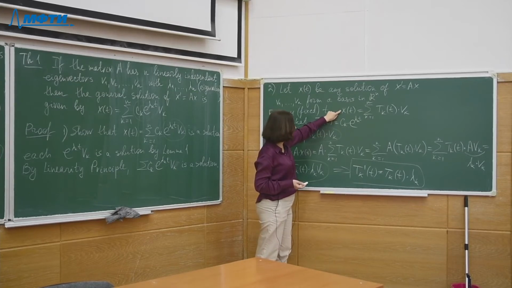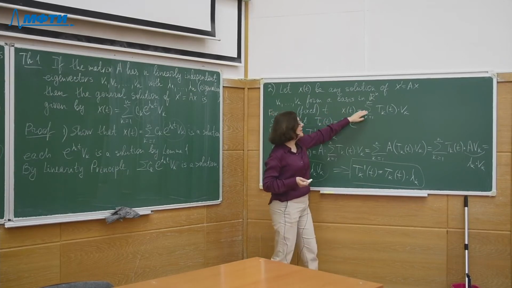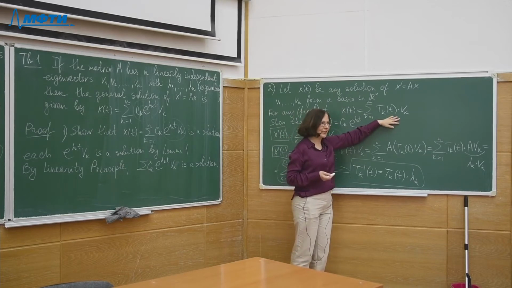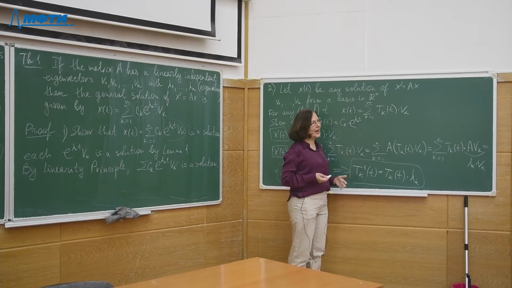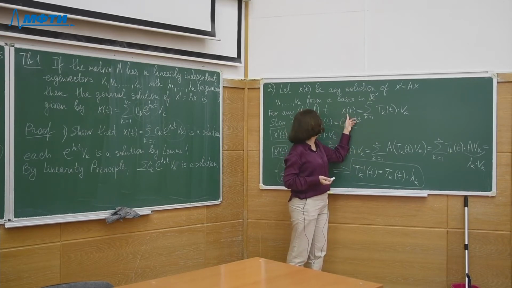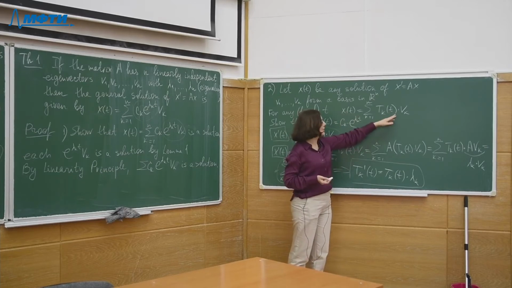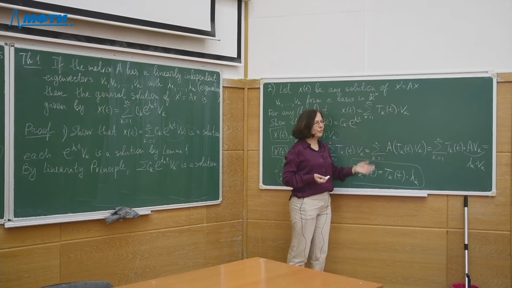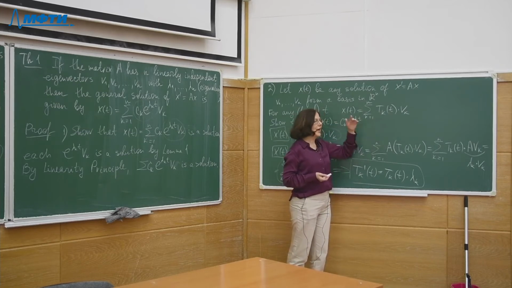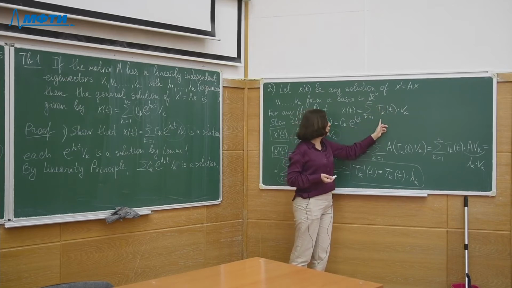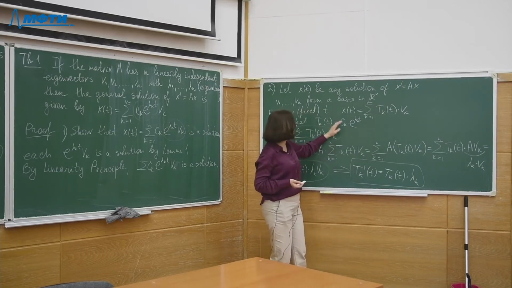So x of t is this linear combination. Why? Because x of t is an n-vector with n components, right? And vk form the basis. So for any value of t, x of t is this linear combination. The second step is to show that these coefficients are of this form.